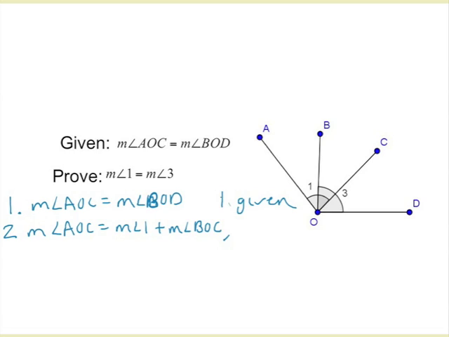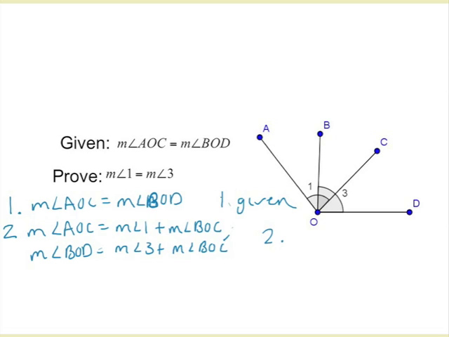And likewise, when I look at the picture, BOD is the measure of angle 3 plus the measure of angle BOC. So we're looking at our given angles and what makes them up and trying to break them down into their smaller parts.